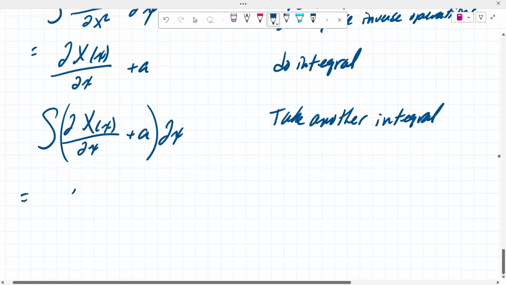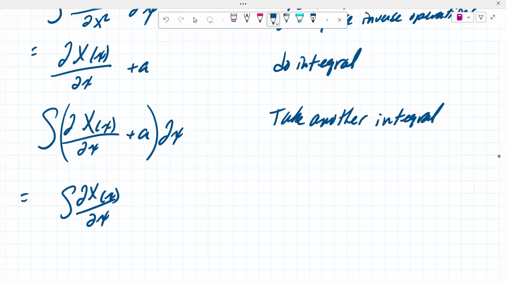That is equal to the integral of dX over dx plus the integral of a dx.